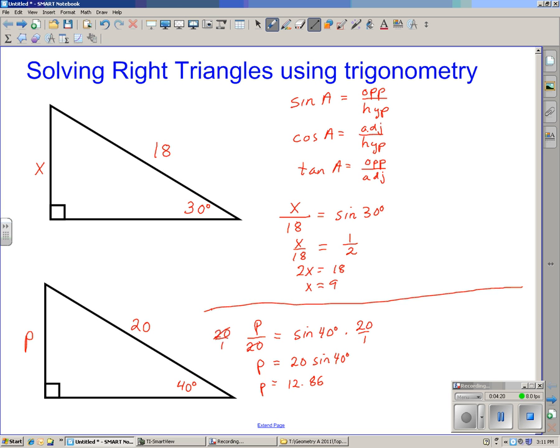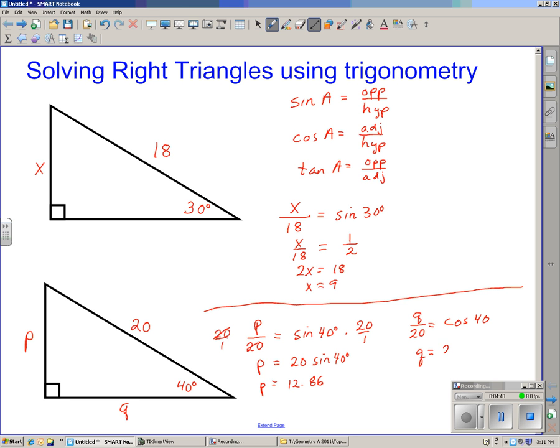I've just solved that. I could now go and find the other missing side by using the cosine. Let's call that q over here. I could do q over 20 is equal to the cosine of 40, and go through the same process. I'm going to take a shortcut here.